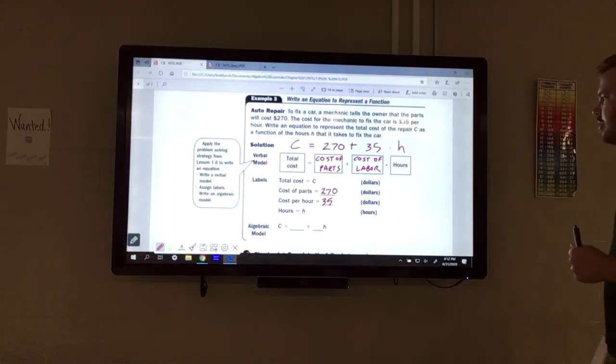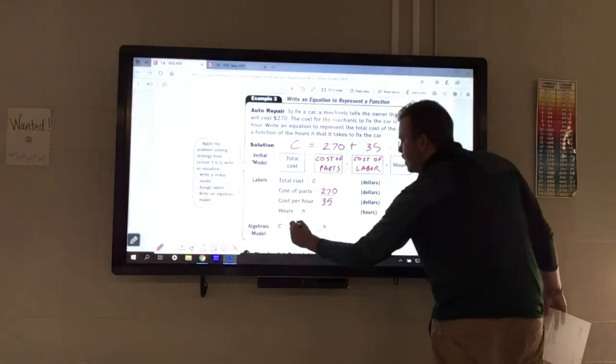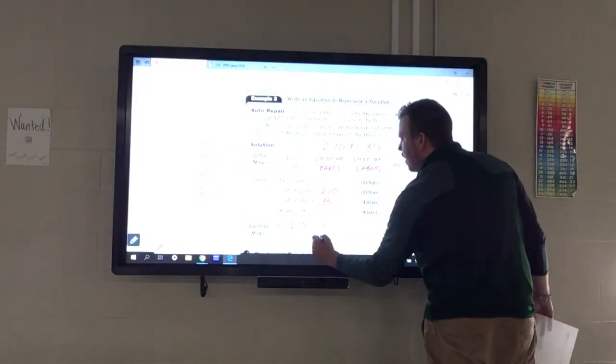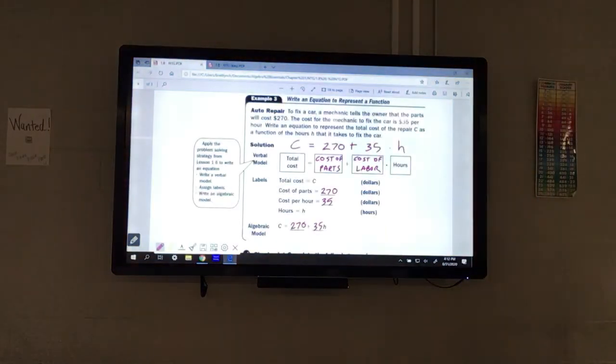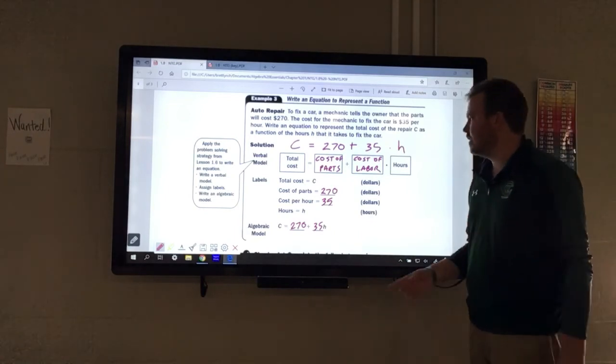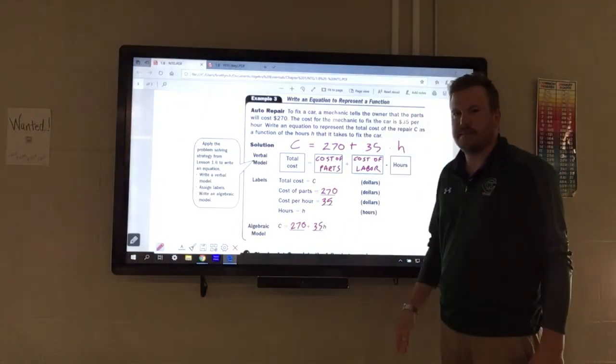So our equation is C equals 270 plus 35H. So now you can figure out how much the repair will cost depending on how long it takes the mechanic.